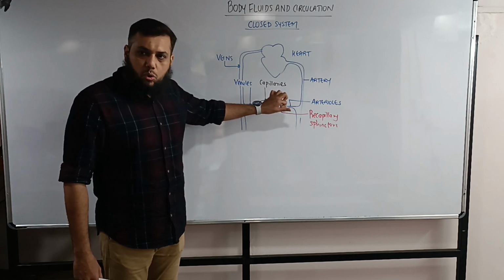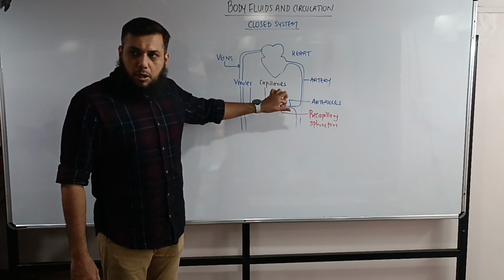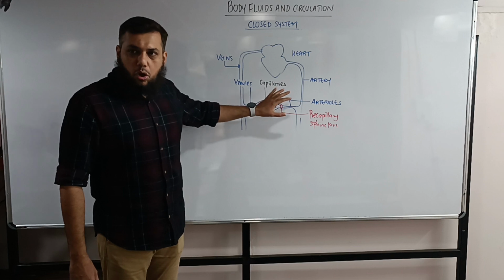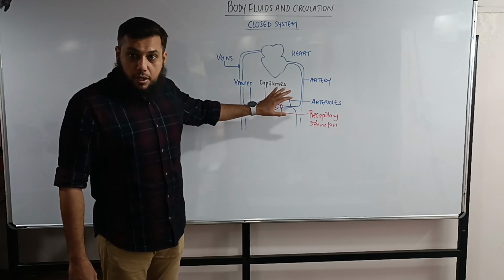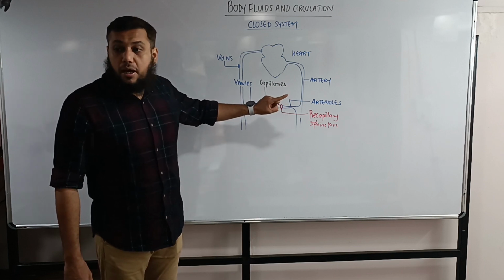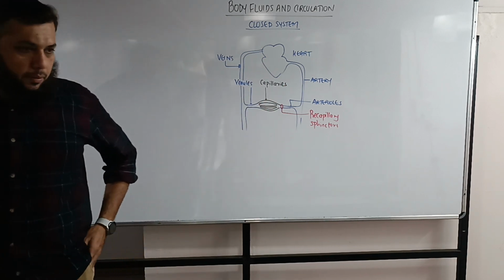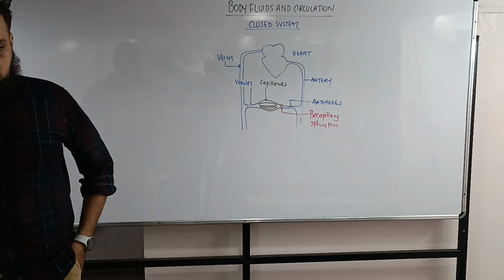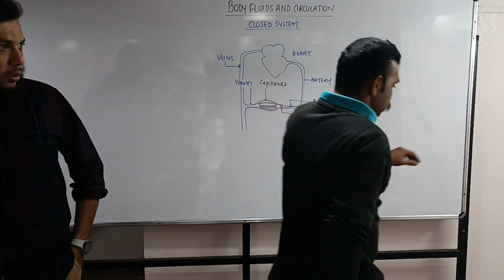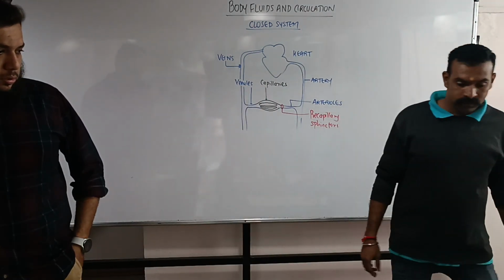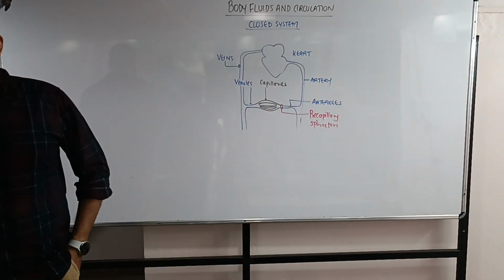So can I say in a closed circulatory system, the amount of blood entering into a particular organ is highly regulated by the brain and the hormones. Did you understand it? Yes or no, children?